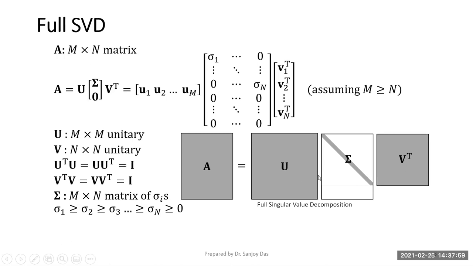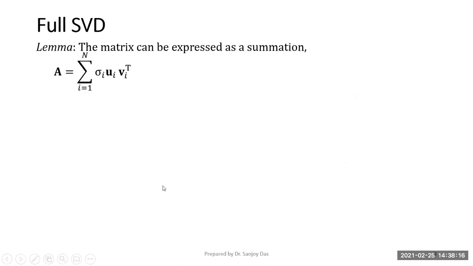Okay, so this is the full singular value decomposition of the matrix, and it's a unique decomposition. The matrix can be expressed as a summation: A equals summation of sigma i ui vi transpose. How do we show that?